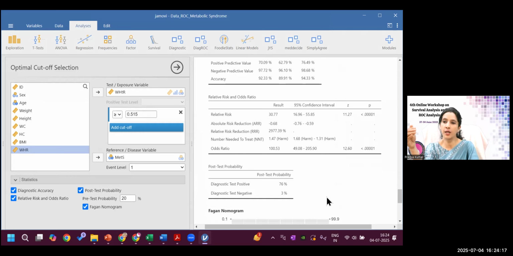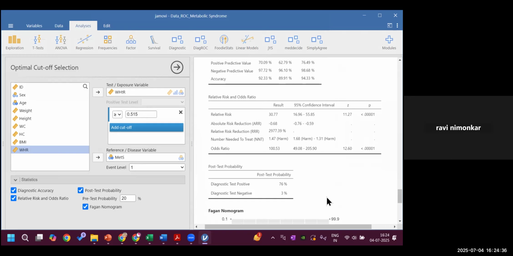That means out of 100, 3 people will actually be diseased. If 100 people are negative, then there are 3% chances that they will have the disease. That's the interpretation. So it will be in the sense that 3% people would not have missed the disease but will have the disease. Can you repeat it?